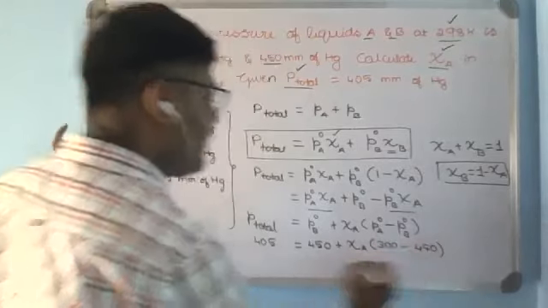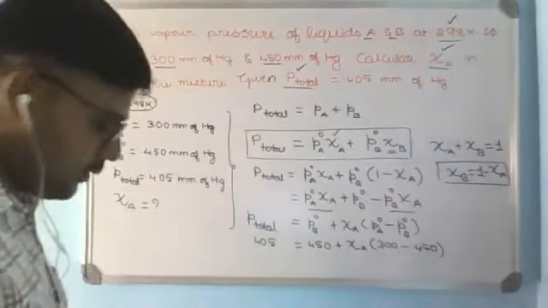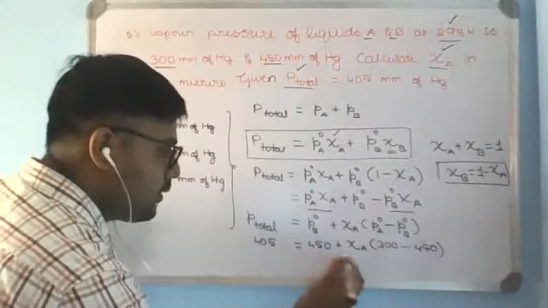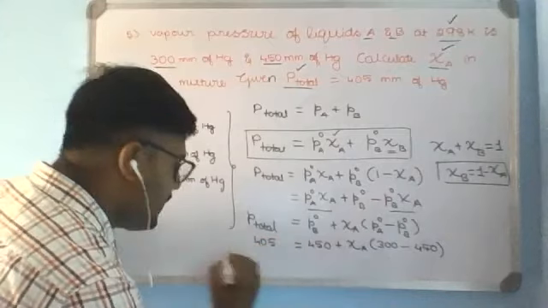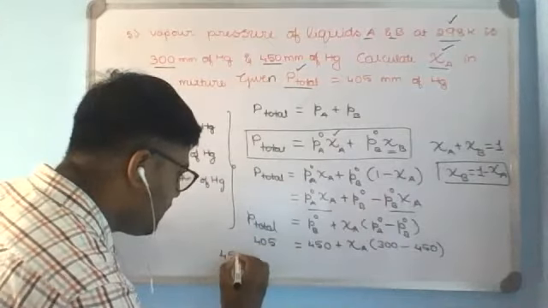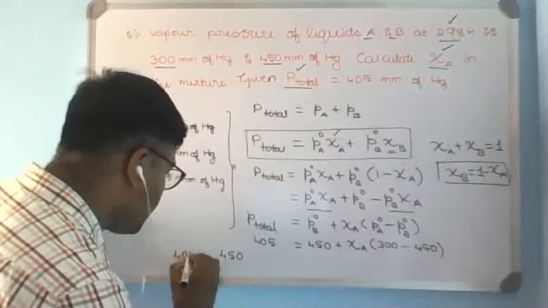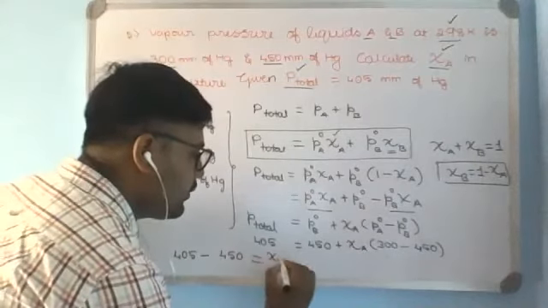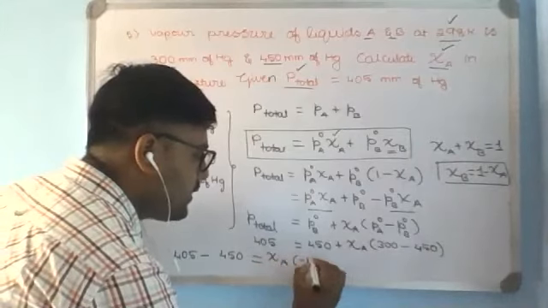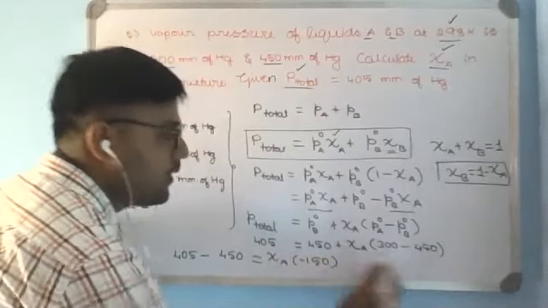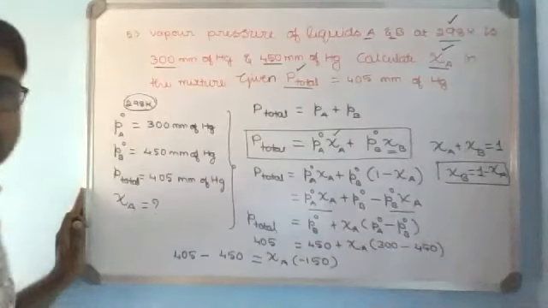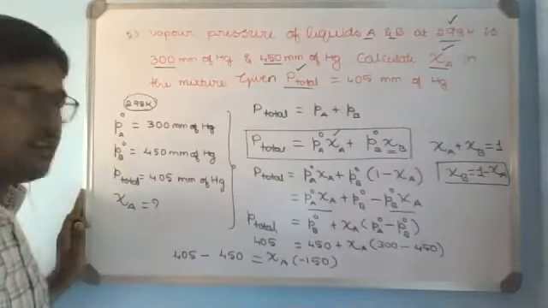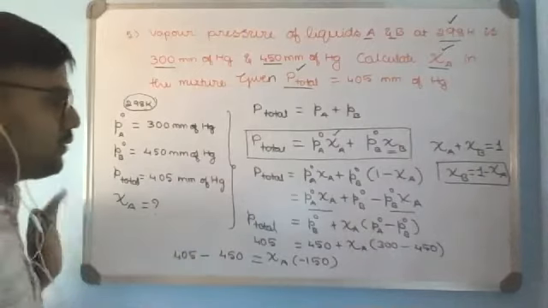We'll simplify this to find the mole fraction of A. You can move 450 towards the LHS: 405 minus 450 is equal to mole fraction of A into minus 150. 300 minus 450 is minus 150. Now 405 minus 450 will be minus 45.